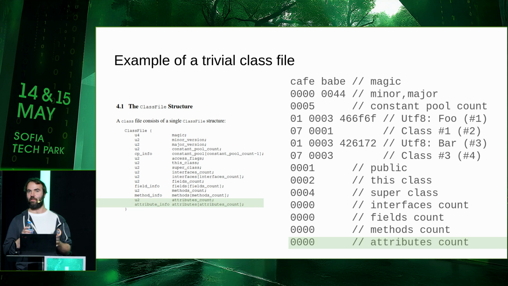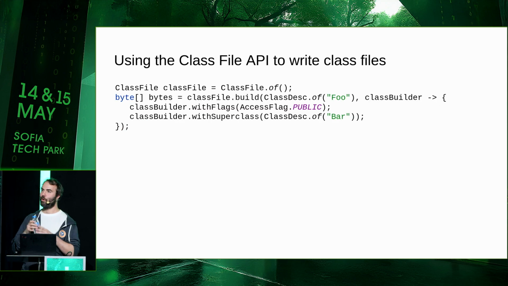So if you opened a hex editor on your computer and you would punch all these bytes in there and you would save it as a file, you would have generated a valid class file, which you can validate with this specification, right? So, what is the class file API? You can guess that nobody wants to open up a hex editor.